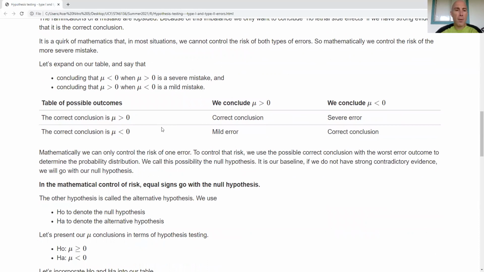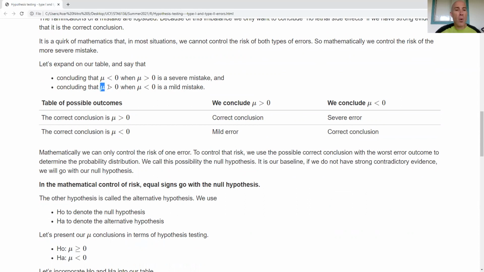Just for our population average example, let's say that concluding that the sample average is negative when the sample average is positive is the more severe mistake, that I have a bigger penalty, like, worse things happen under that mistake.